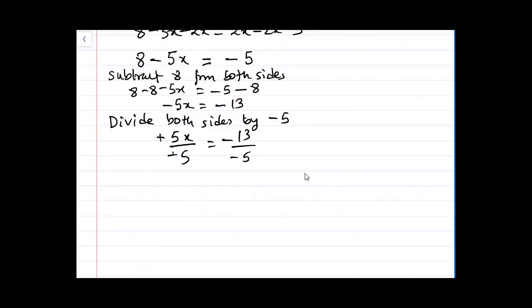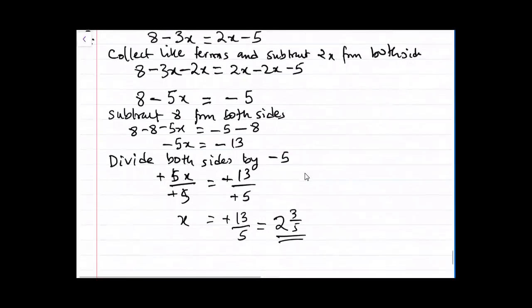So negative we cancel out, 5 will also cancel out, and we have x. On top, the numerator, negative, we cancel the negative, and it becomes positive. So we have positive 13 over 5. And if we break it down further, that will be 2 whole number and 3 over 5. So that will be our answer.